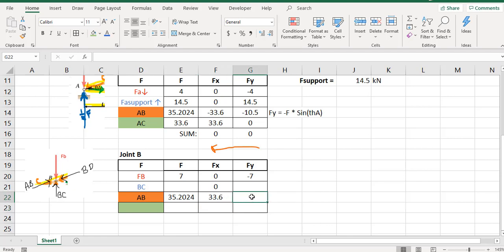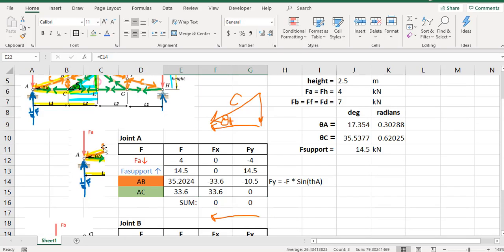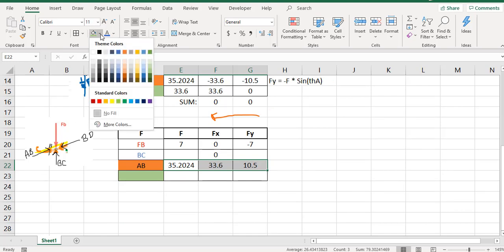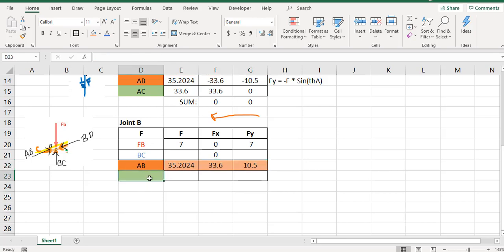This is the equal and opposite signs kind of deal. So yeah, make sure to draw pictures. So it's pushing down on A, but it is pushing up on joint B. So that's important. That's our compression member, our orange one.